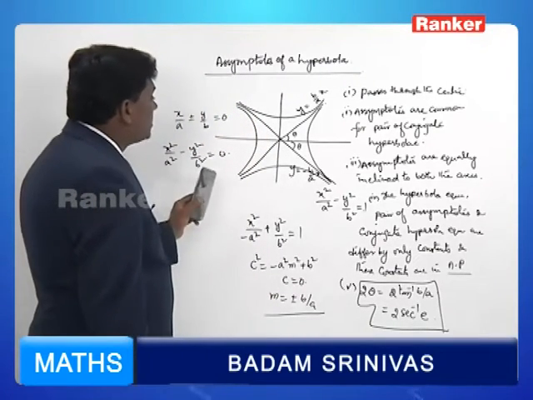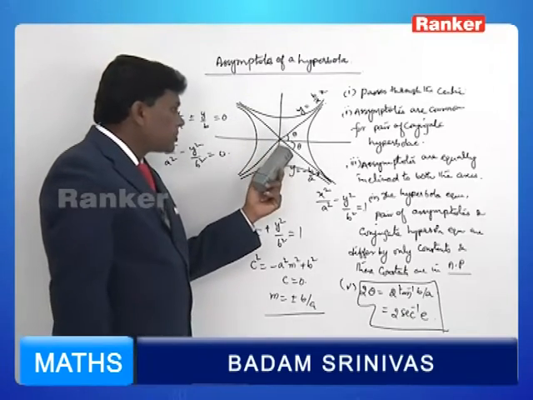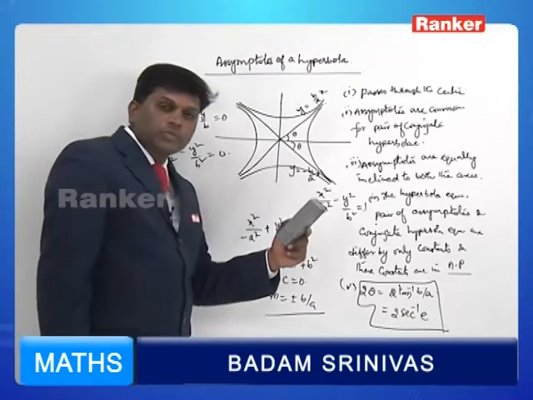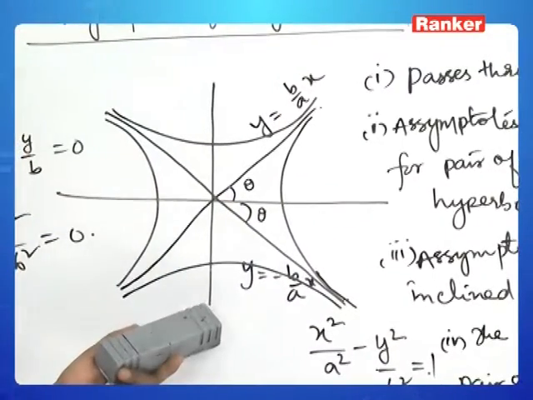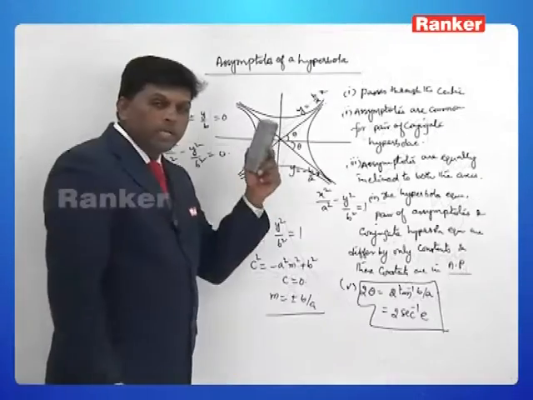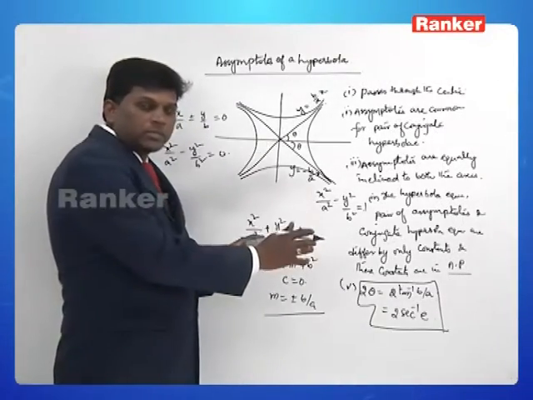So like this, asymptotes always pass through the center. The pair of asymptotes is the same for a hyperbola and its conjugate hyperbola. Both of them are equally inclined always with both the axes.